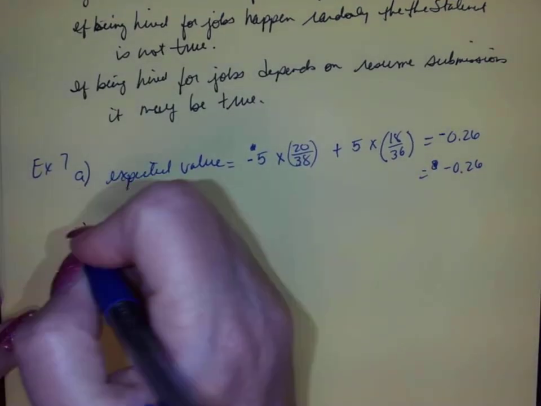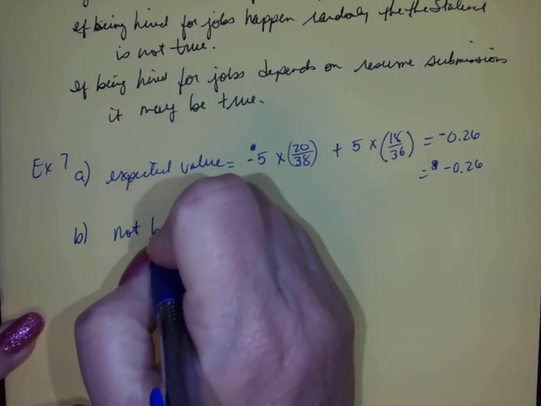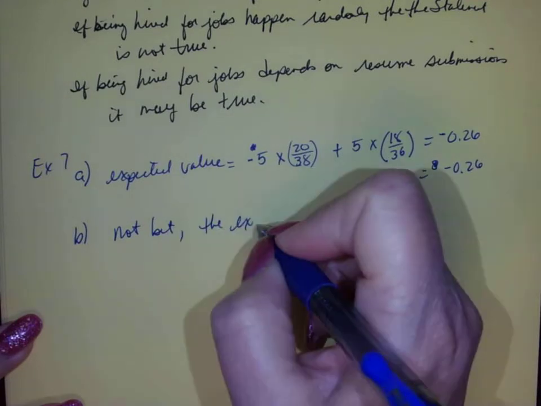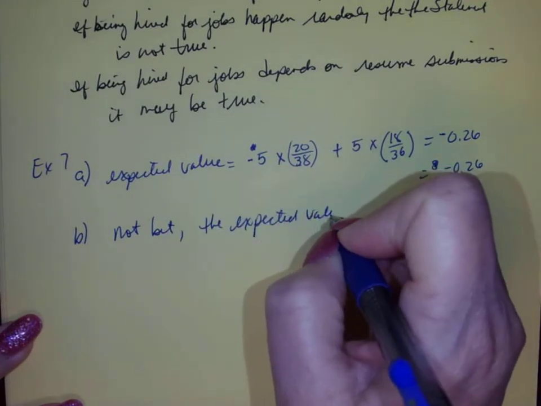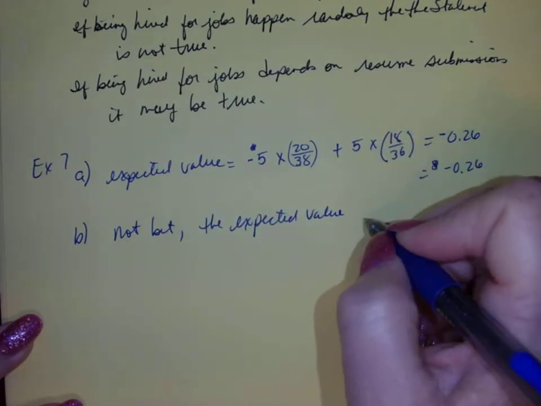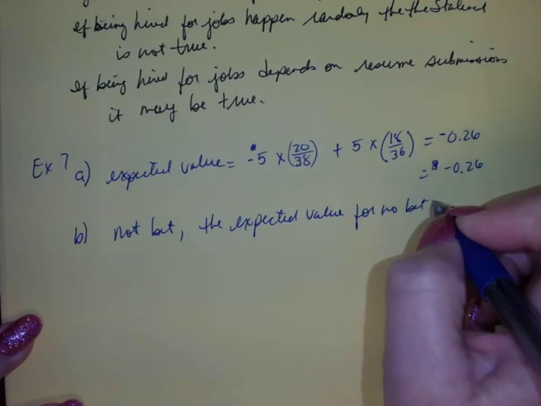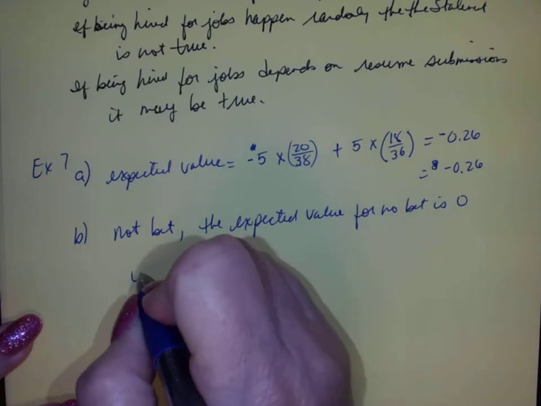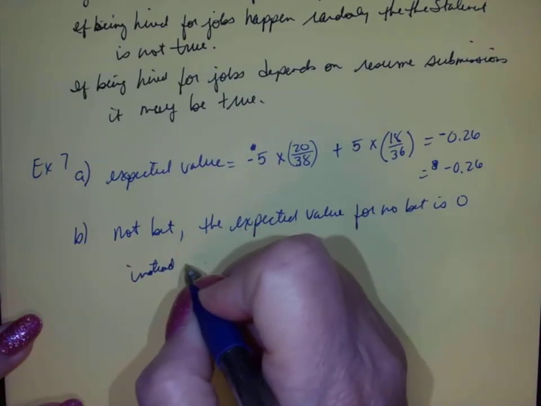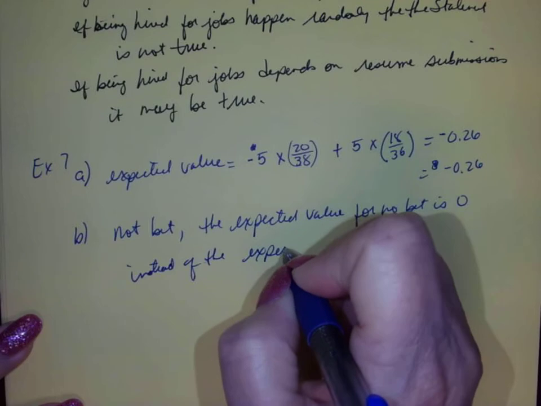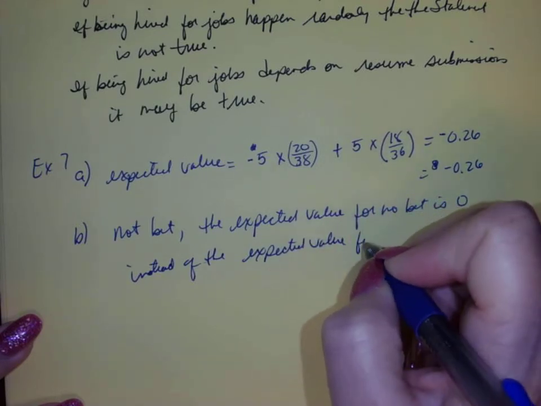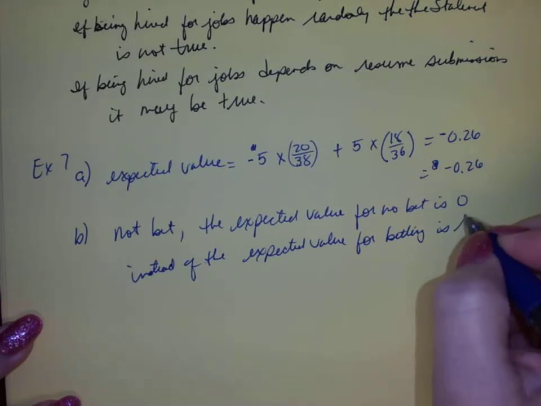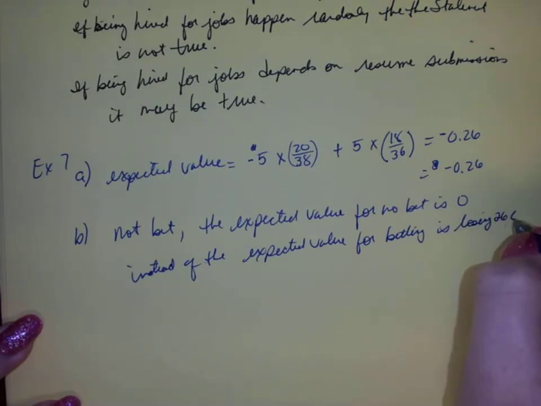So for this case, the best option is not to bet, because the expected value for no bet is 0, instead of the expected value for betting, which is losing 26 cents.